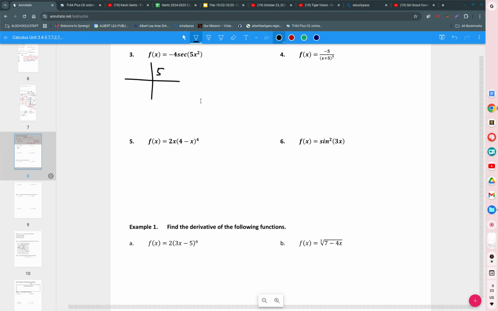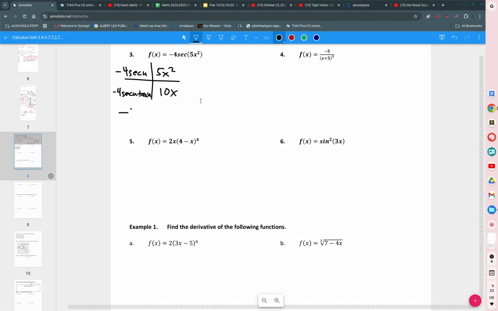The inside is 5x squared. The outside is negative 4 secant of u. You're trying to earn your deriver's license. Who knows what the derivative of negative 4 secant of u is? Secant tangent. And the derivative of 5x squared? 10x.